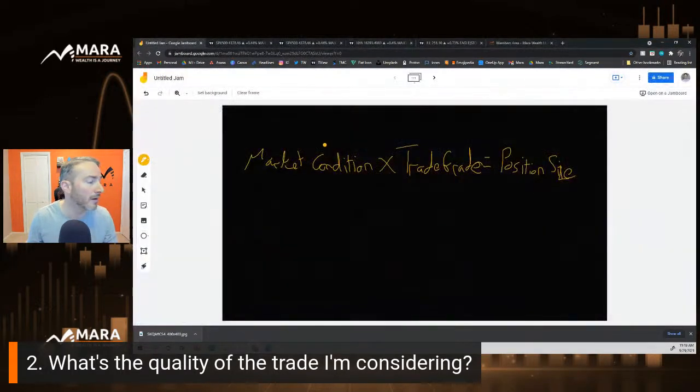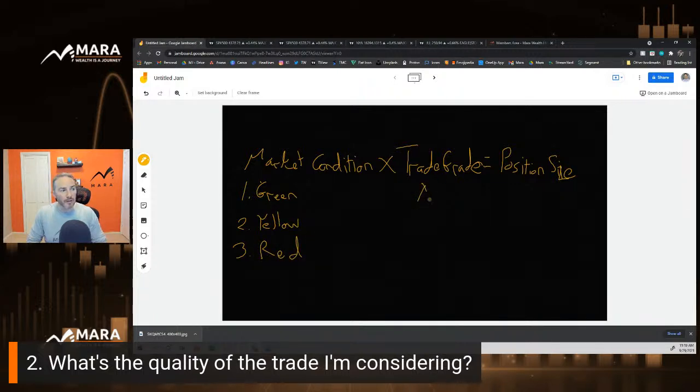So if we come back over here to the Jamboard, there are three market conditions, I should have mentioned this earlier: green, yellow, or red. And there are three trade grades, simply A, B, or C. Right now, the market is in a red condition, and this trade in JLL is a B level trade.